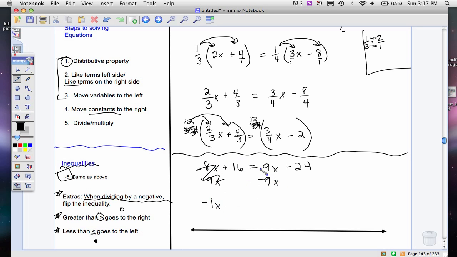Now, the good news about this is now I got a real simple problem. Move my variables to the left. Move my constants to the right. And divide by negative 1.